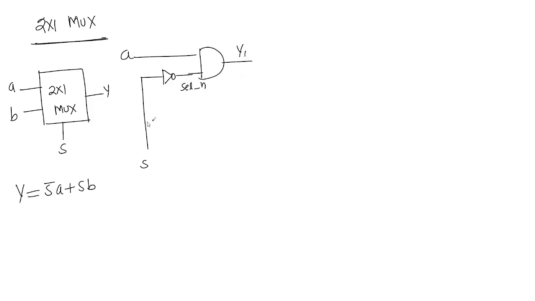One more input is B, and the selection line directly goes to an AND gate, connected to the output. The outputs are y1 and y2, these are intermediate wires, and the output is y. Like this, you can implement.